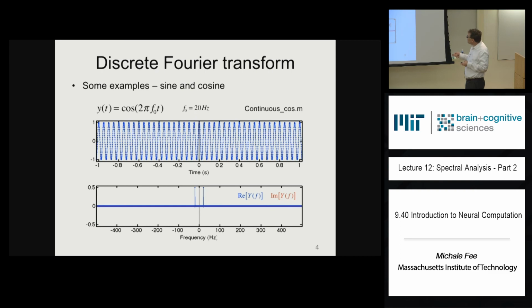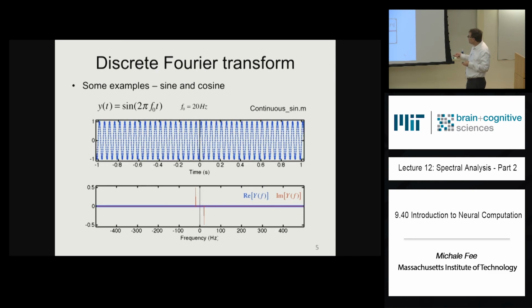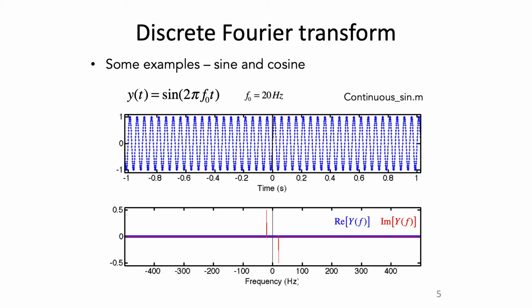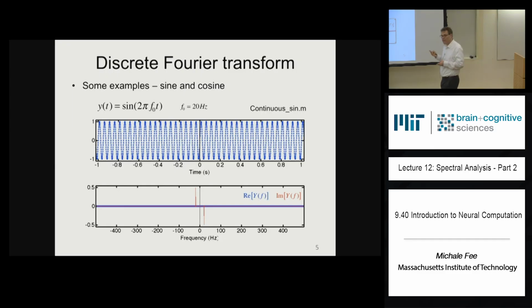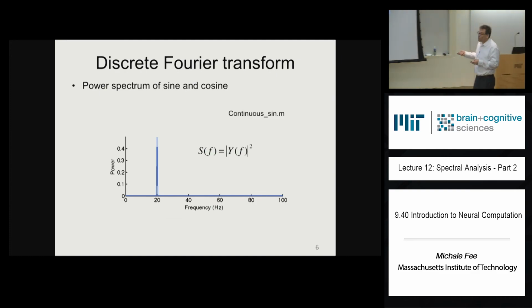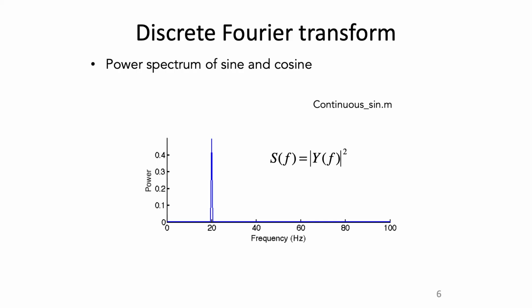For the cosine, it's real, and for the sine, it's imaginary, but the square magnitude of both of those is 1 at that frequency. Any questions about that? I feel like I didn't say that quite as clearly as I could have. Any questions about this?